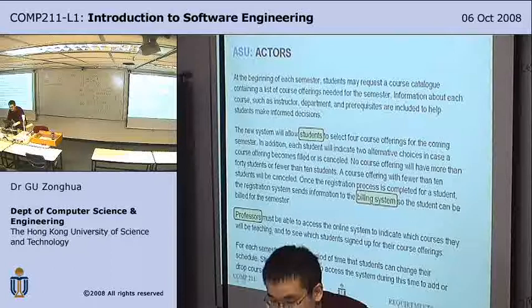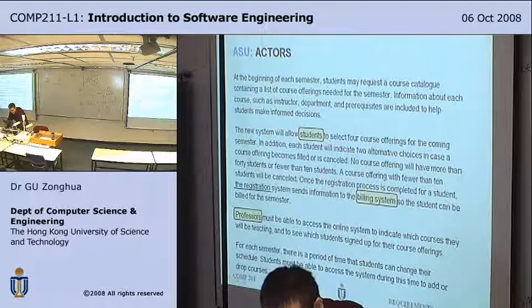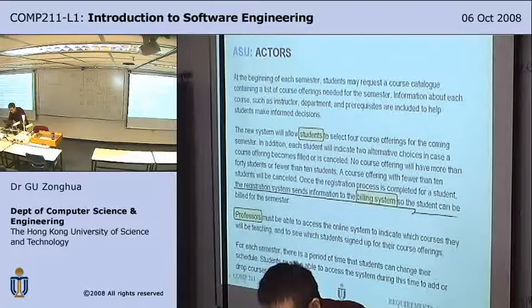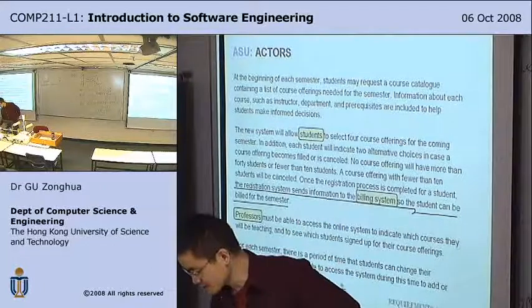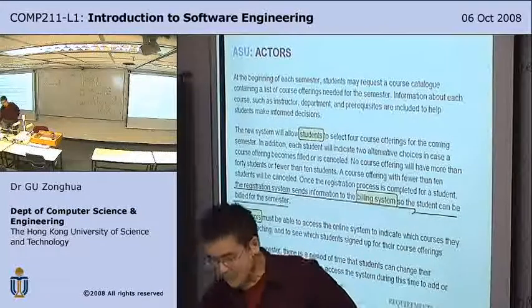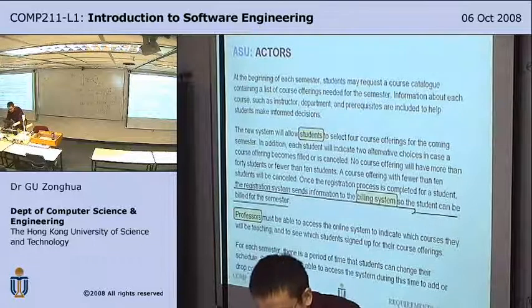This is perhaps harder to find. The registration system sends information to the billing system so the student can be billed for the semester. Therefore, the billing system is something outside of the registration system that receives information from it, so it is an actor.